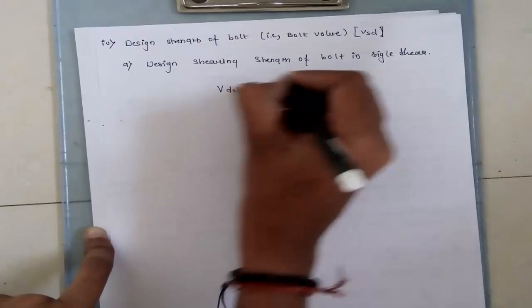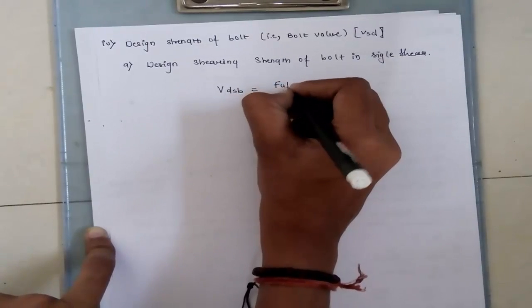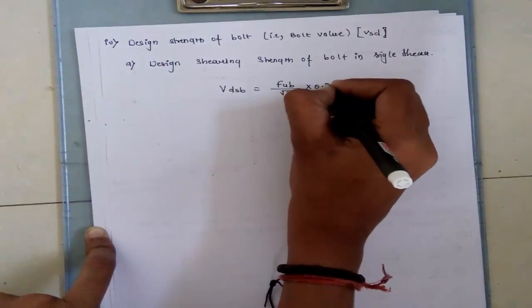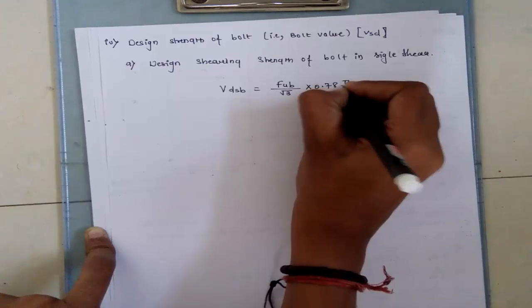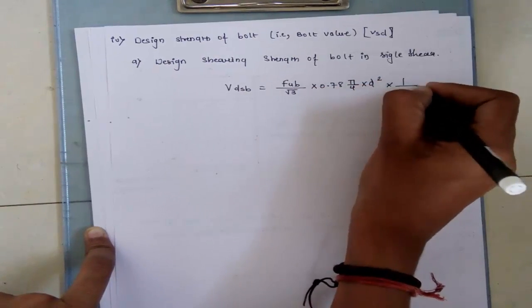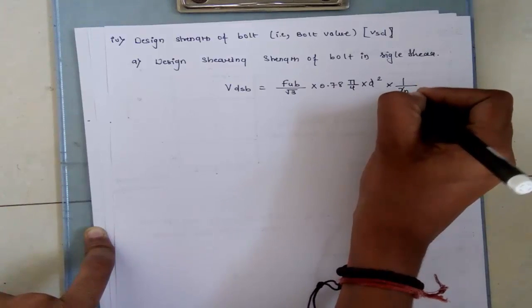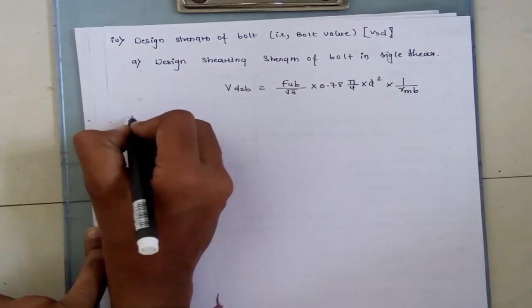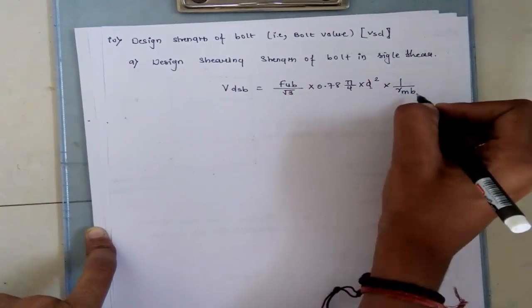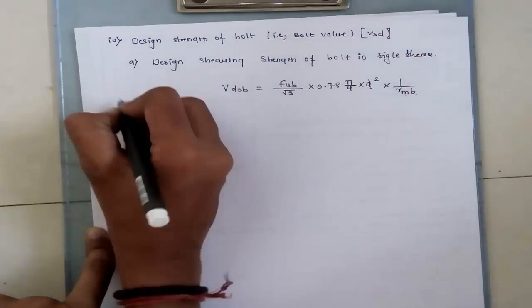VDSB equals fub upon root 3 into 0.78 pi by 4 into d square into 1 upon gamma mb. We know the value of fub, we know the value of diameter, but we don't know the value of gamma mb.